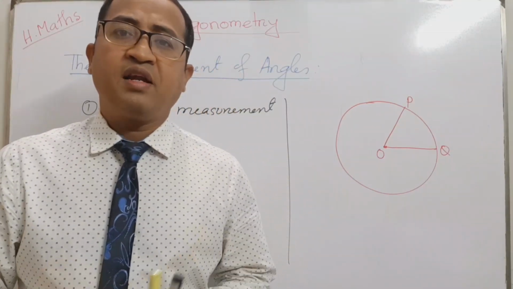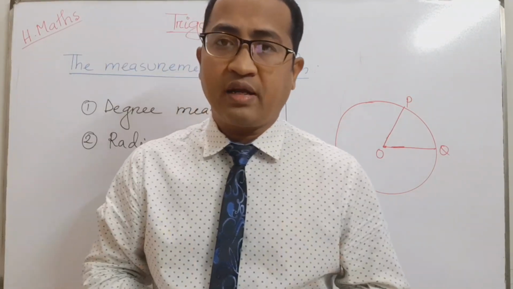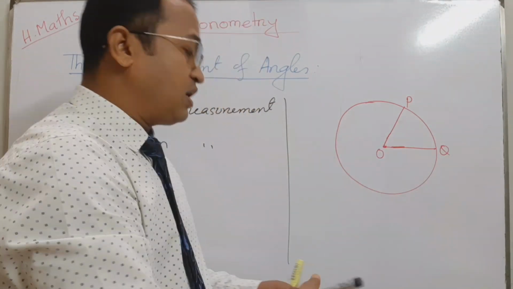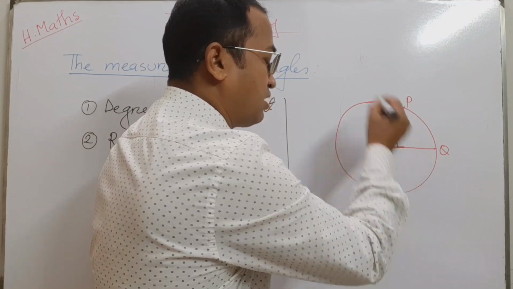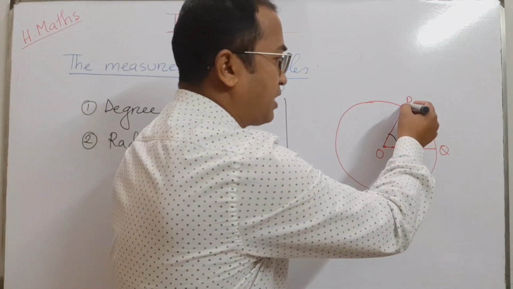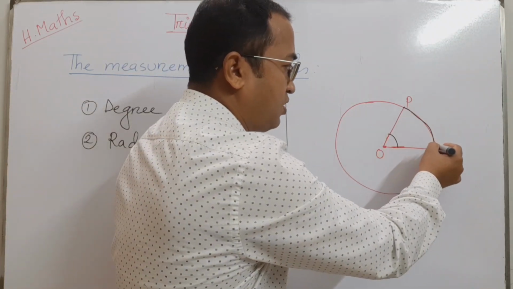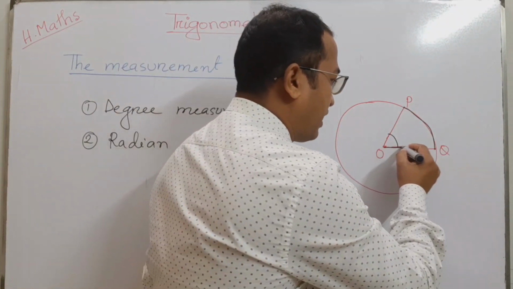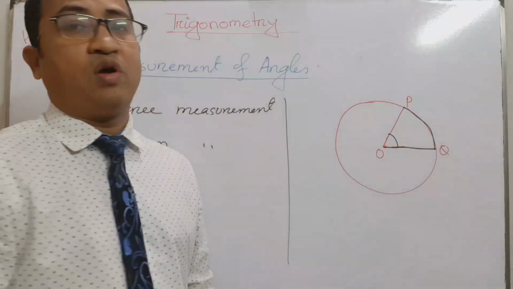Now, the radian measurement system. What is a radian? In any circle, the angle subtended at the center by an arc whose length is equal to the length of the radius is known as 1 radian.